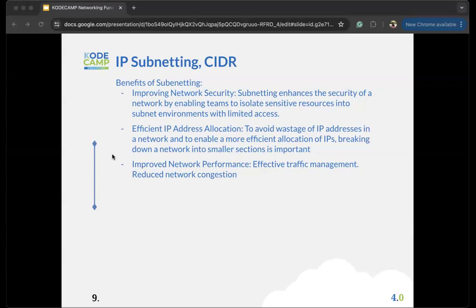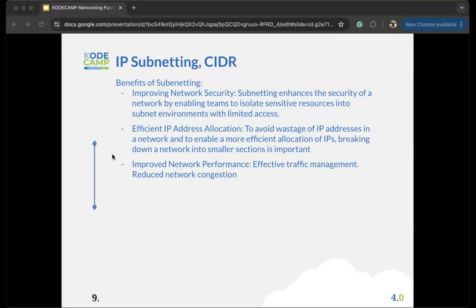However, the front-end server, which needs data from the database, will have access to that subnet, right? So that's just a method of creating an isolation, limiting access, and giving more security to different sensitive resources.